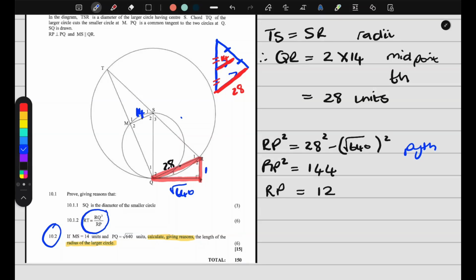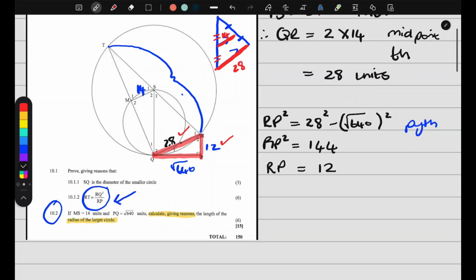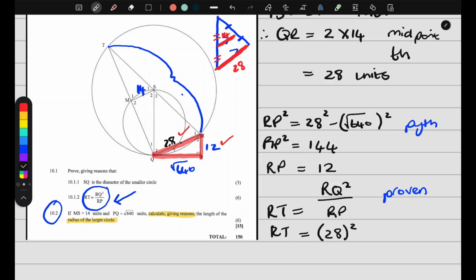So RT, this whole line, that's RT. Can't I work out that whole line? Then half of that is the radius of the circle because that's the diameter. So I'm going to write RT is RQ squared over RP. And this was proven in the previous question. RT is equal to RQ, so 28, squared over RP, which was 12.